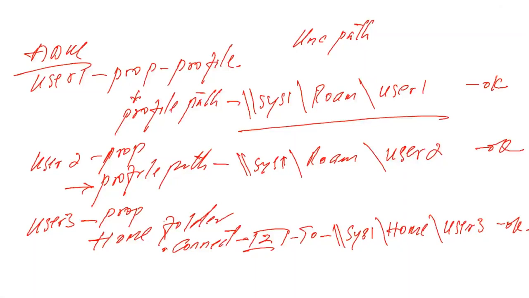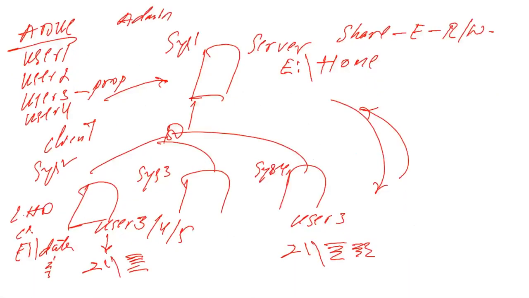So write down the steps. In the system1 server, login as an administrator. Next point, open the E drive, create one new share folder.